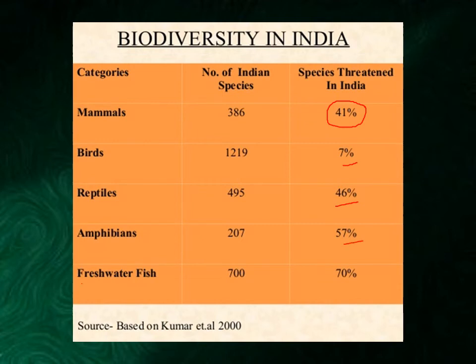And look at the endangered number for fish, that is 70%. So these percentages of species of these different groups of animals are suffering threats and are soon going to become extinct due to the activities of Homo sapiens.